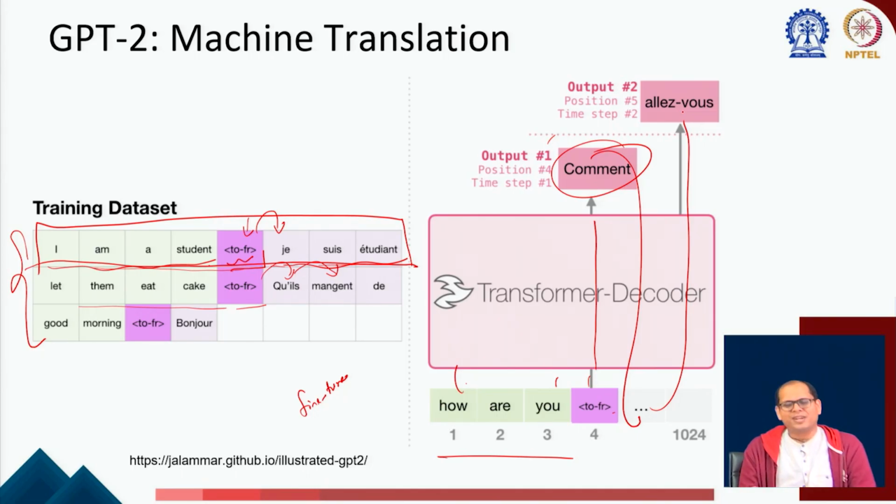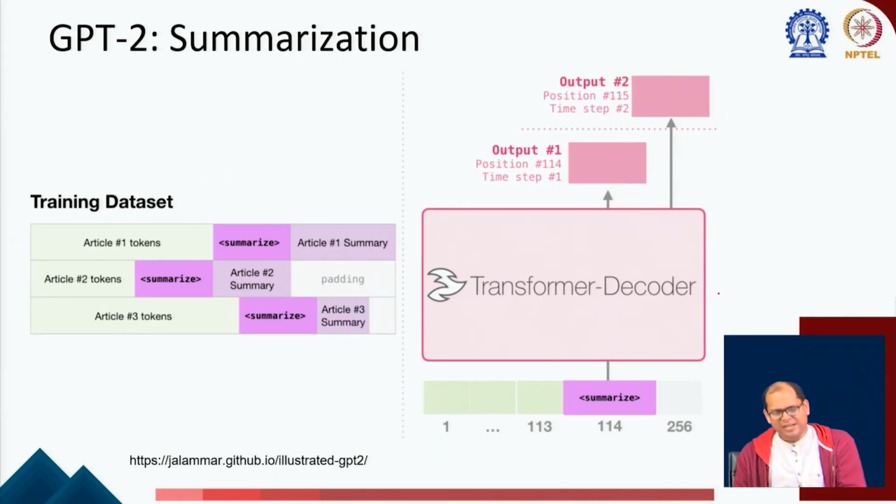And like that you can do it for any specific generation task. You create the training data set, you templatize it into a sequence, use that to fine tune the GPT decoder, and then you use the fine tuned model for your task, right? Like summarization: you have an article, all the tokens of the document, then a specific token called summarize, and then you have the summary, right?